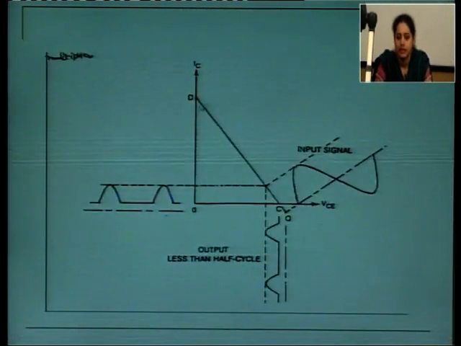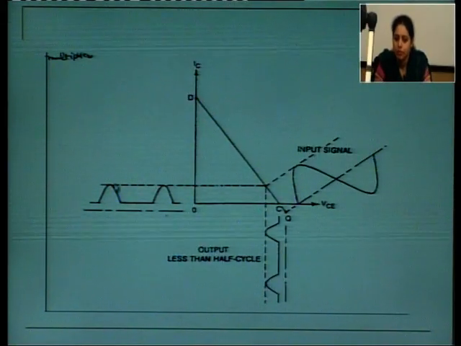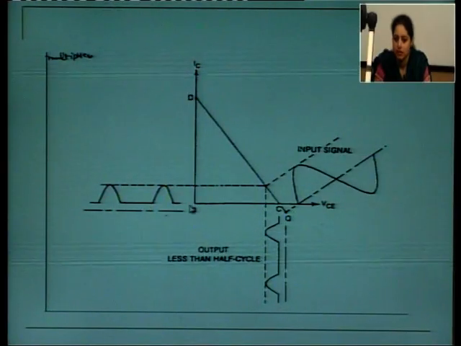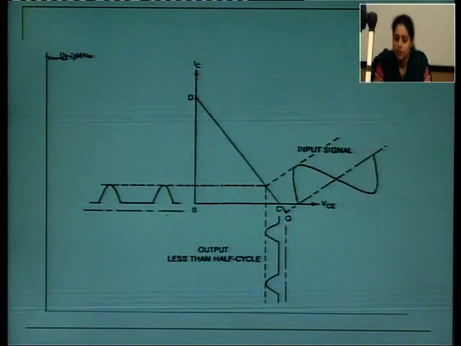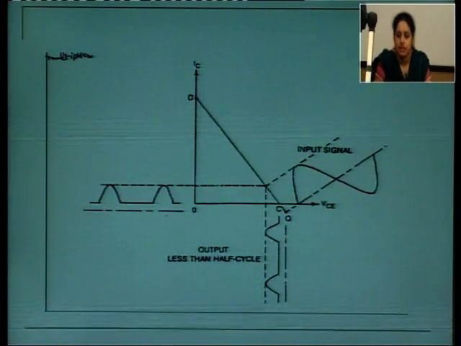Here again are the output characteristics of your class C amplifier: your input signal is given, but current flows for less than half cycle of the input signal. This type of amplifier gives the maximum distortion, but the efficiency of class C amplifiers is very high.